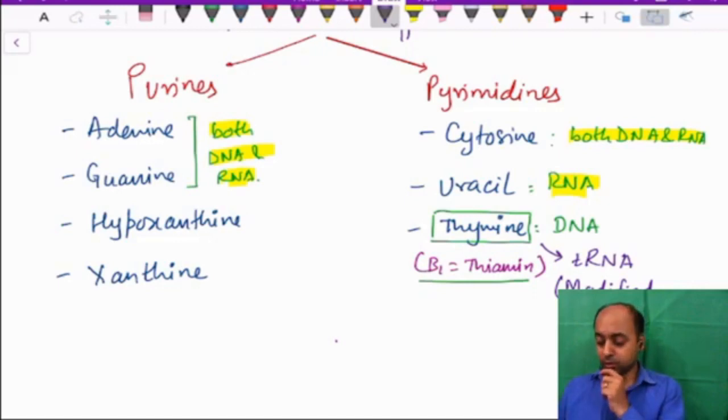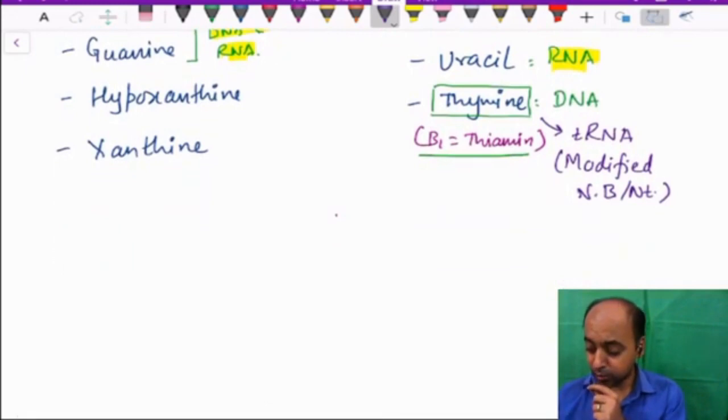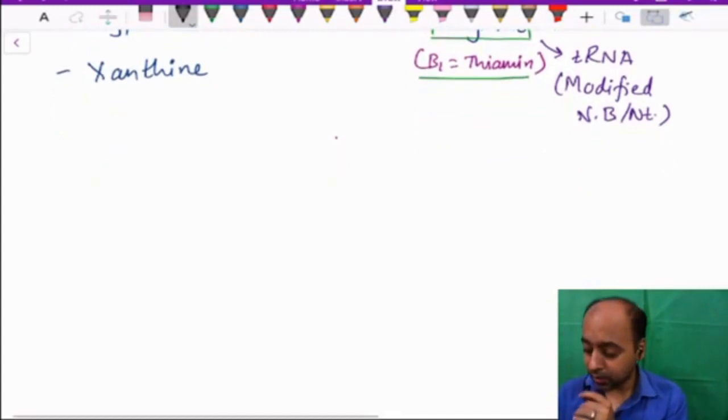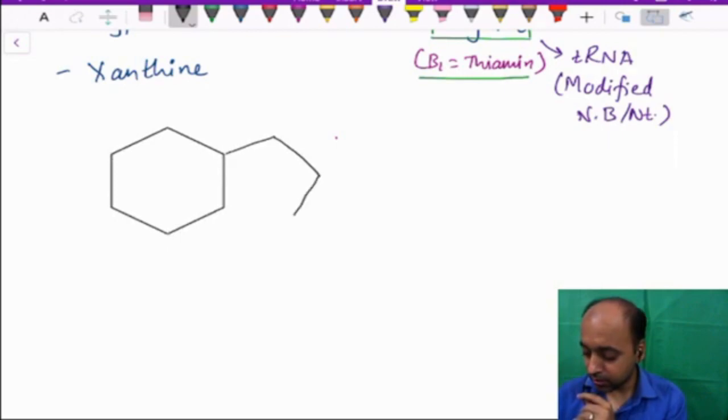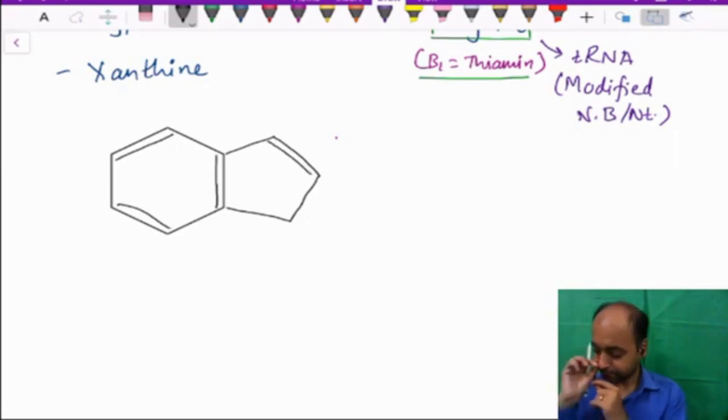Okay, so this is about the purine and the pyrimidine. The second thing that you have to know is the purines are actually quite big molecules. They have two rings attached to each other. One of them is a six-membered ring, and the other one is a five-membered ring, with alternating double bonds.